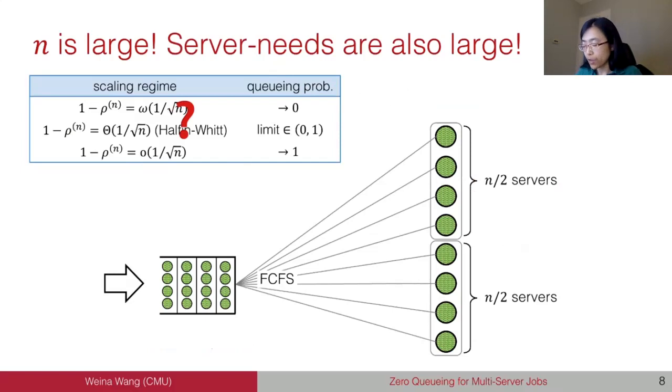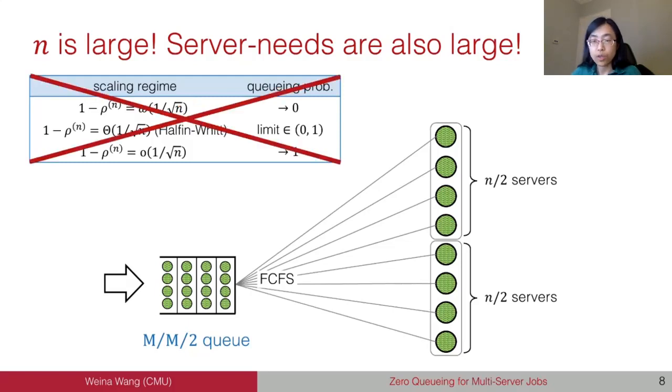If the server need is n over 2, then this is effectively an M/M/2 queue. And for M/M/2, because the number of servers is 2, a fixed number that doesn't depend on n, those scaling results are no longer true. For example, for the scaling regime in the first row, when the load is on the lighter side, the queuing probability no longer converges to 0 due to the fixed number of servers here, which is 2.